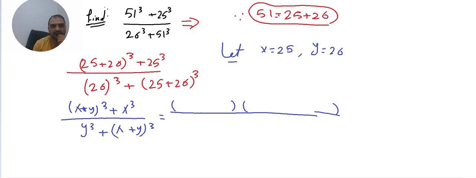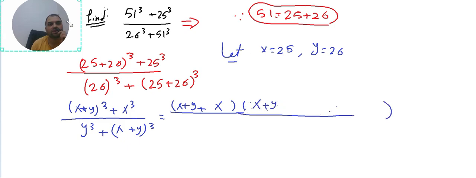The first bracket: the cube root of the first term is x plus y, and the second term is x, and the sign between them is subtract. Then x plus y squared, and as the last term x squared, with the signs in the middle between first and second.